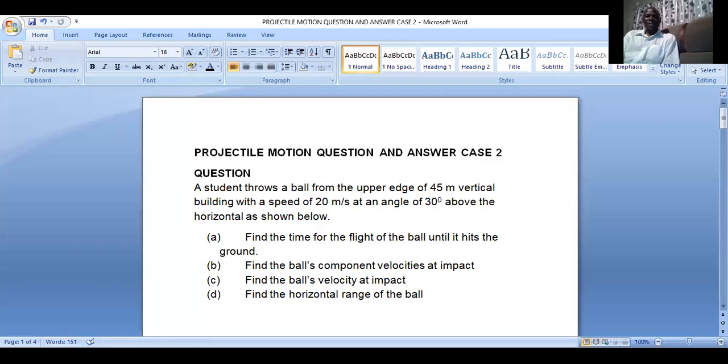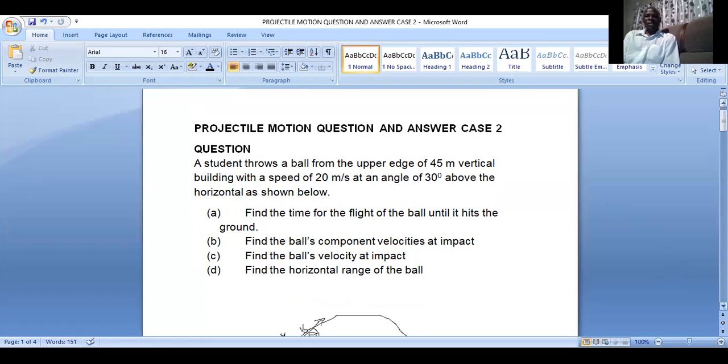As I indicated, the question reads as follows. A student throws a ball from the upper edge of a 45 meter vertical building with a speed of 20 meters per second at an angle of 30 degrees above the horizontal, as shown below.